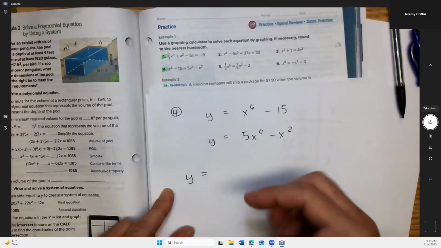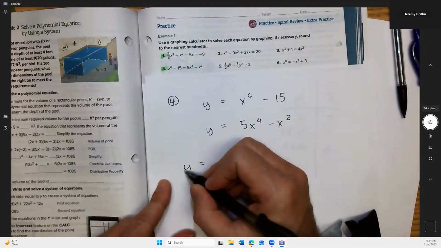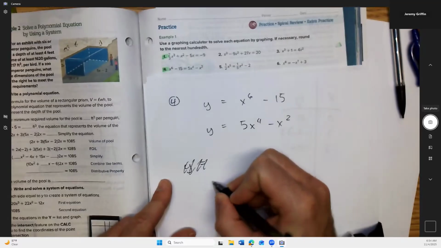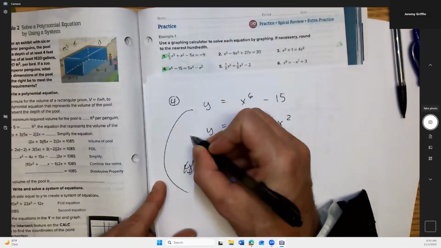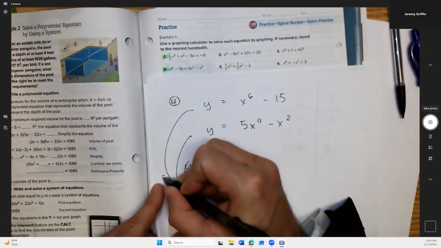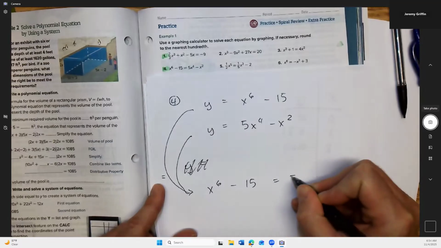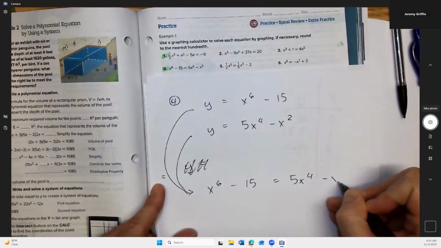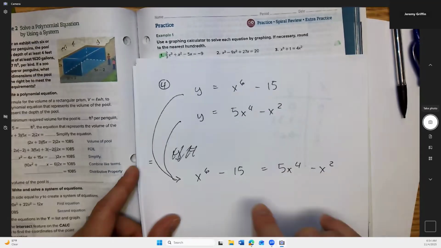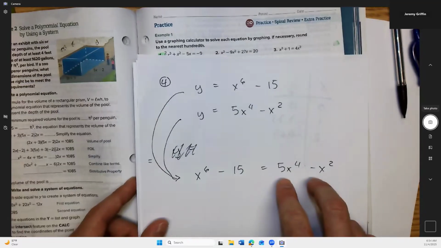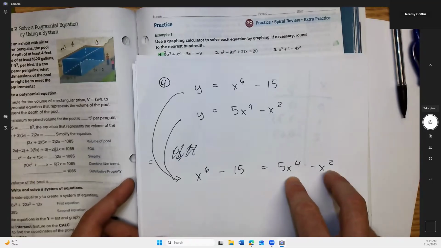Let me show you guys where I'm getting this from. If I say one is equal to the other, so I'm setting them equal to each other, then that would be x to the 6 minus 15 equals 5x to the 4 minus x squared. If this equation is equal to this equation, that's why I'm subtracting over.